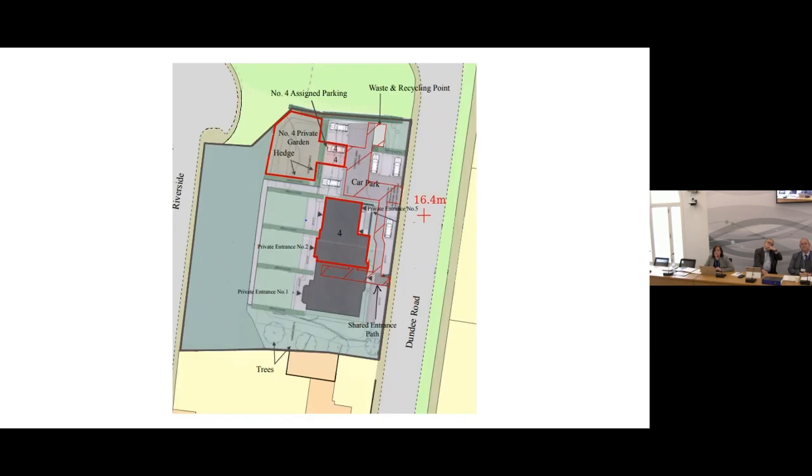Next slide, please. And then this is a closer up image of the building itself, with the flat highlighted with the red area around it, and also the vehicular access off the Dundee Road, and the parking area and the garden area that goes with the property. Next slide, please.